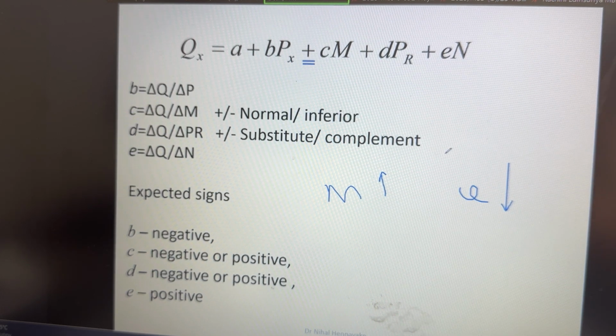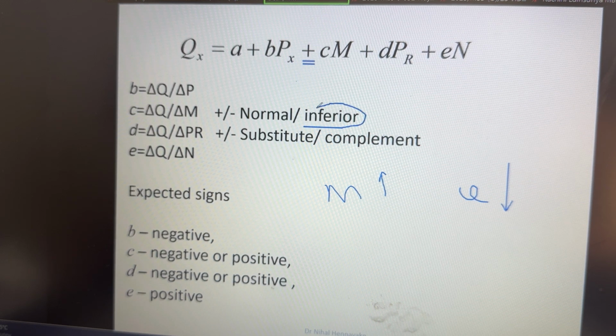Now think about yourself. Your income is increasing. After some income level, beyond that level as your income increases, there can be certain goods where demand for it can come down. Those commodities we identify as inferior commodities.